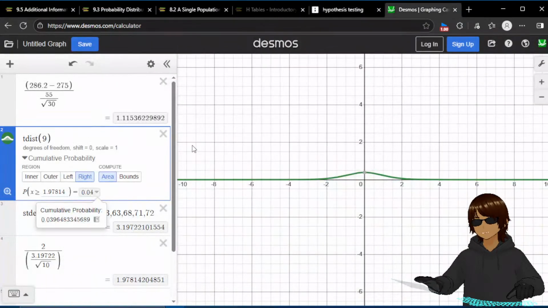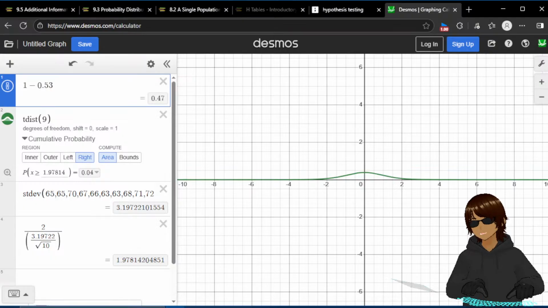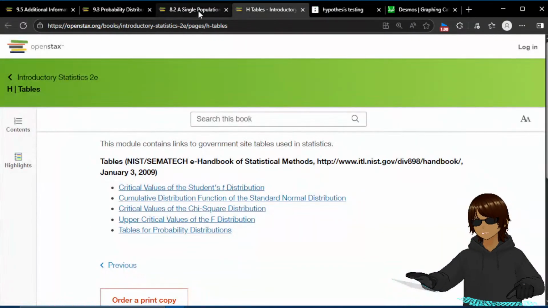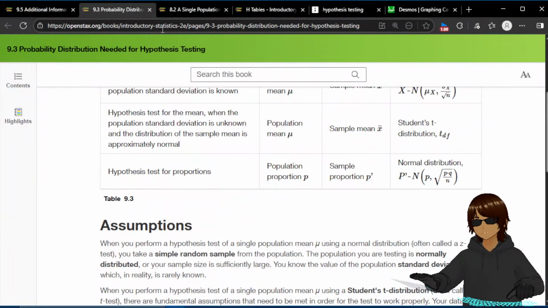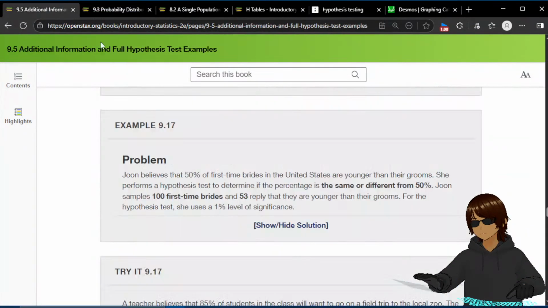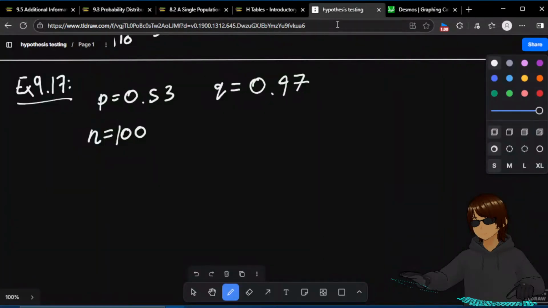What is 1 minus 0.47? And then the distribution we use. Population proportion, so 50% is the proportion. So our estimated proportion will be P prime.